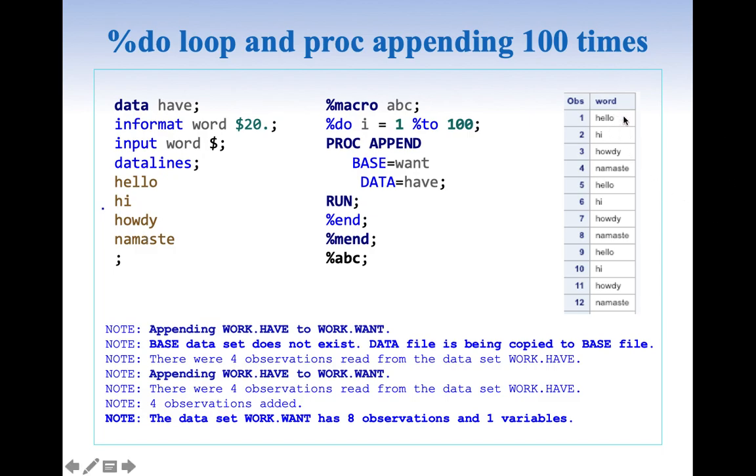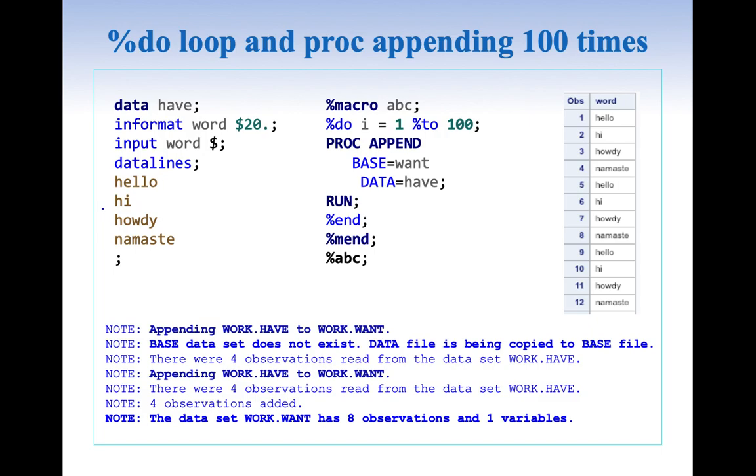This is how I want it: the dataset hello, hi, howdy, namaste records are repeated again and again. I've just shown three or four iterations, but the idea is to repeat it.